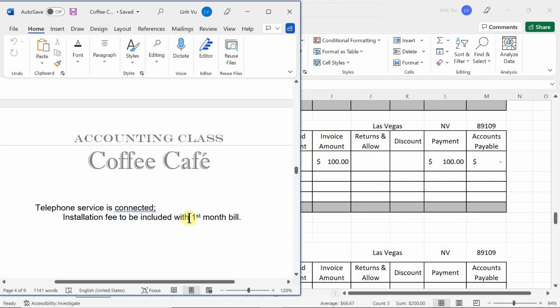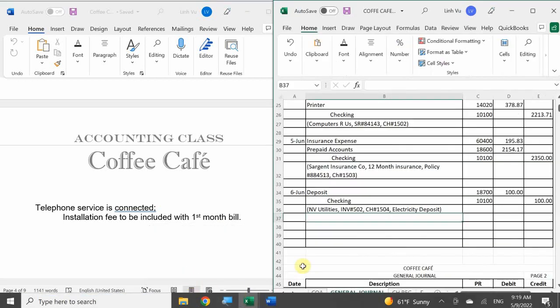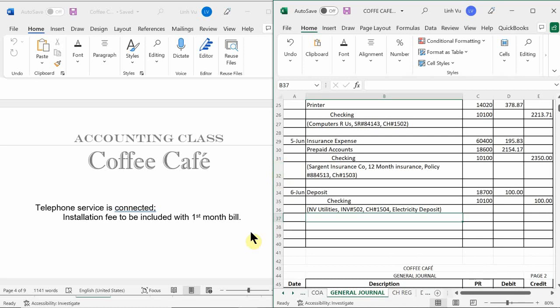So then telephone services is connected. Installation fees to be included with the first month's bill. So what do we do with our telephone expenses? How do I record this?